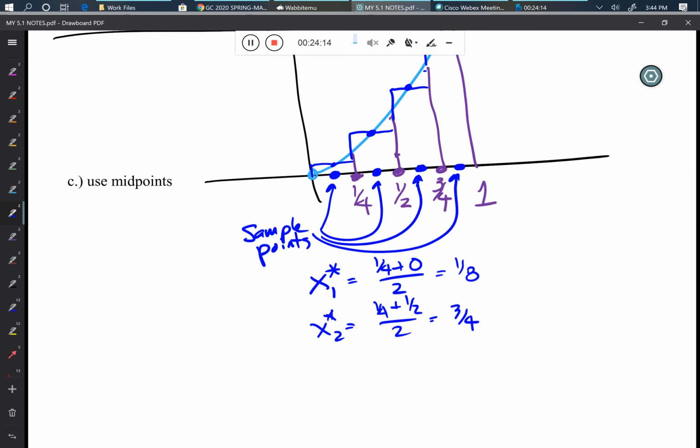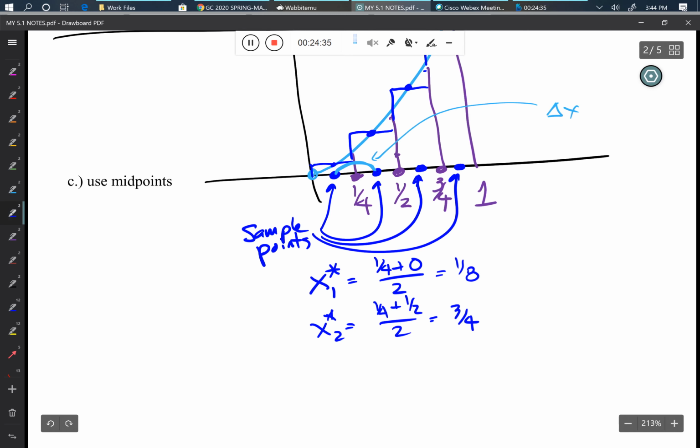Now, you might also see a shortcut here. Once you know the first one, the distance between the first one and the second one is delta x. The distance between the second sample point and the third sample point will also be delta x, and delta x and delta x.